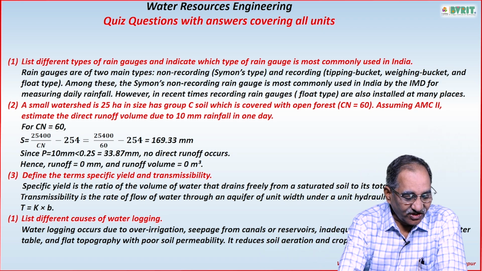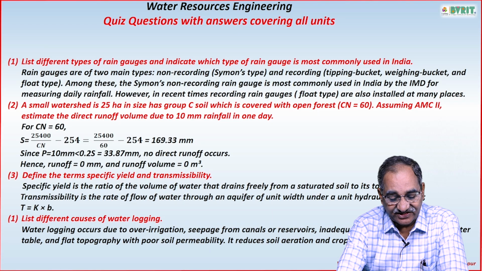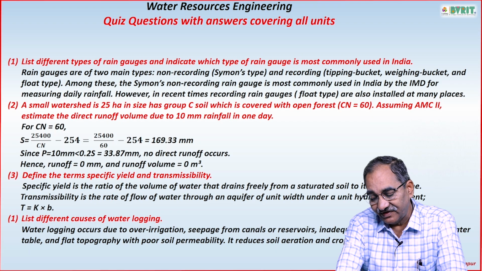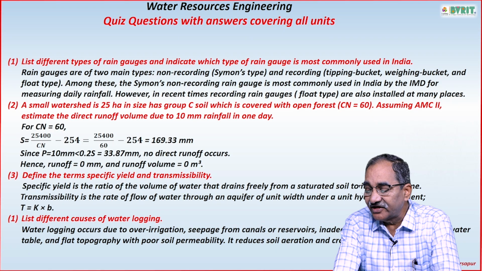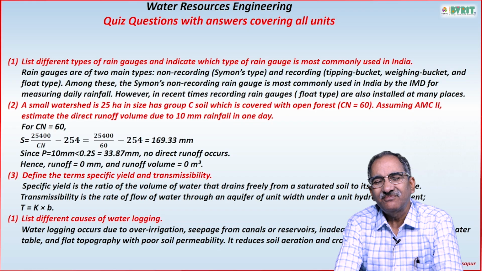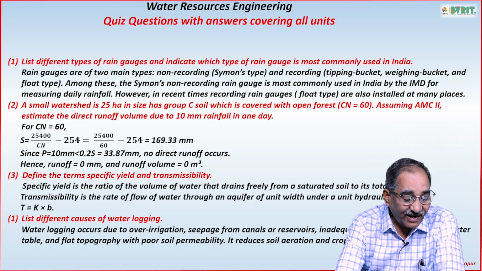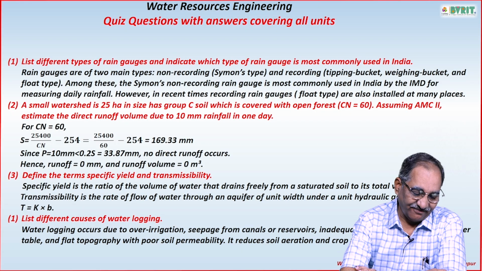Question 2. A small watershed is 25 hectares in size, has a group C soil which is covered with open forest. CN is equal to 60. Assuming AMC, antecedent moisture condition, 2. Estimate the direct runoff volume due to 10 mm rainfall in one day.